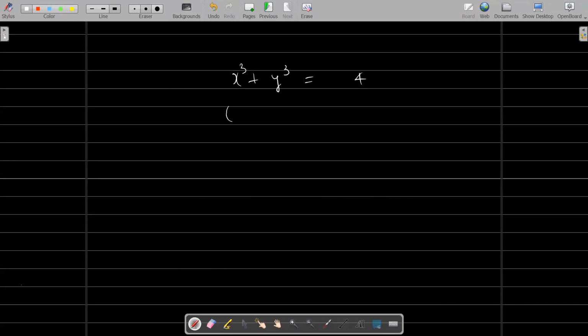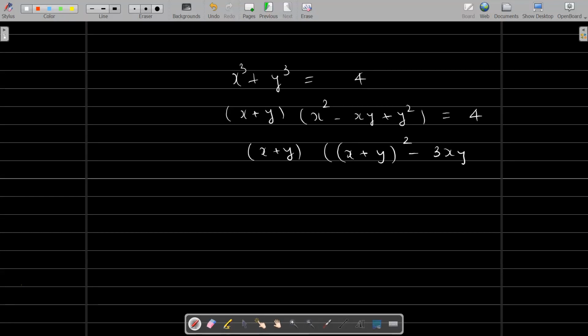So we factorize. We can write this as x plus y into x plus y whole square minus 3xy is equal to 4.